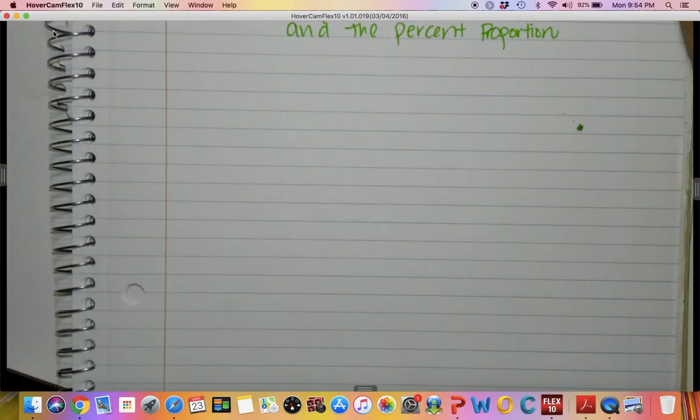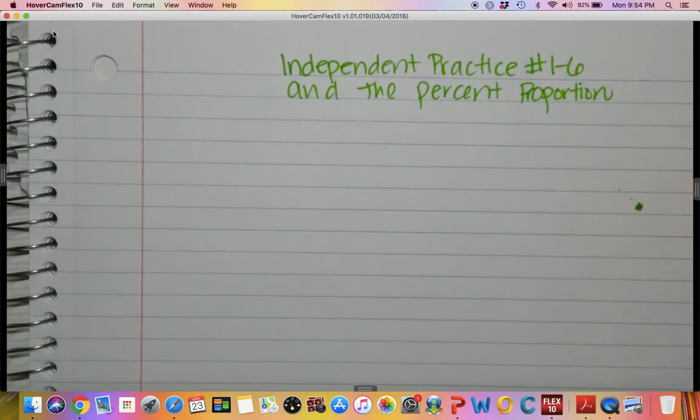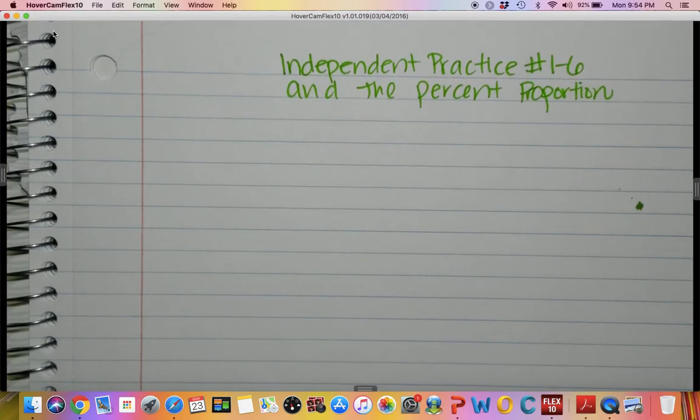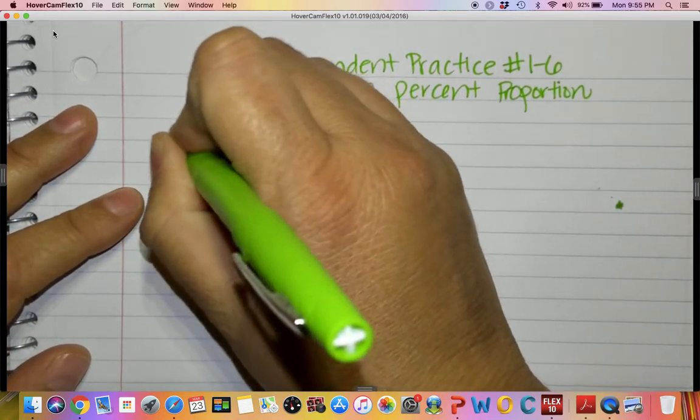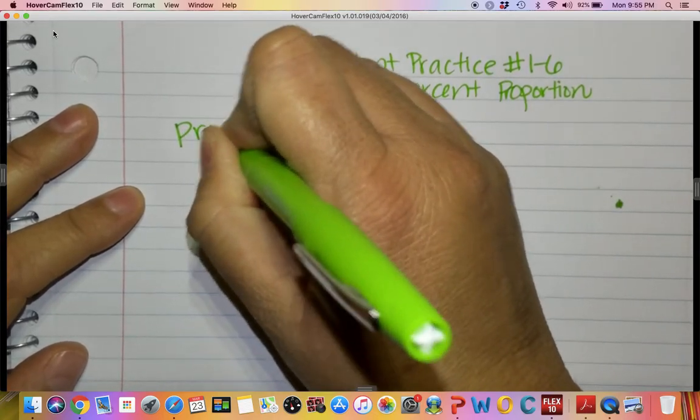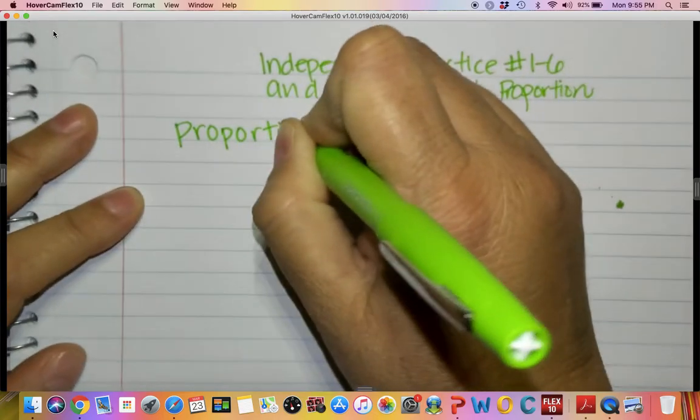Okay, so today I'm going to introduce you to something called the percent proportion, and it will help you solve some problems. I've already talked a little bit about it, but I want to have it here in our work. So the percent proportion is, well, I'm going to set up a definition first.